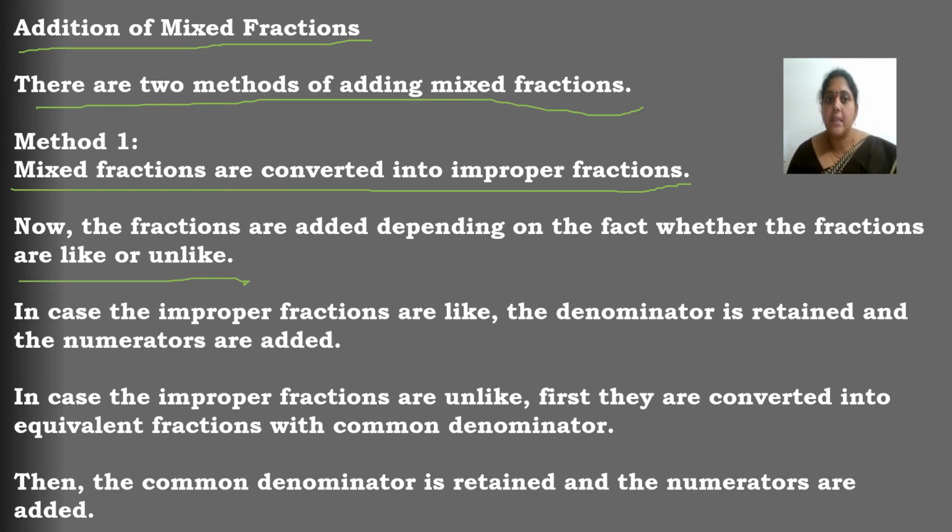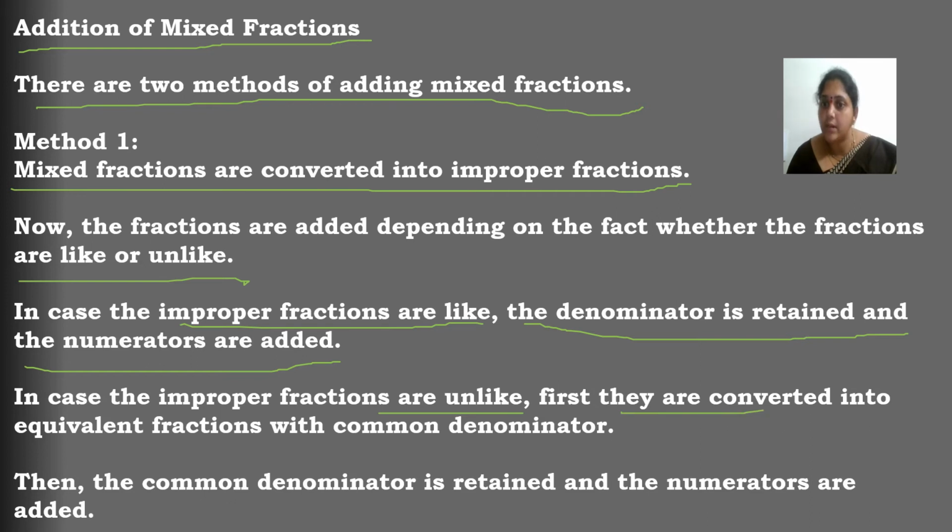In case the improper fractions are like, the denominator is retained and the numerators are added. If it is like fractions, directly you add the numerators and write the denominator the same. If it is the case of unlike, what you have to do?